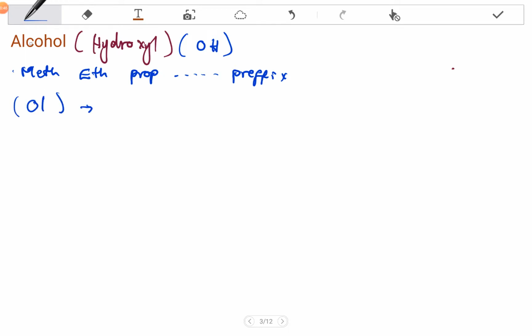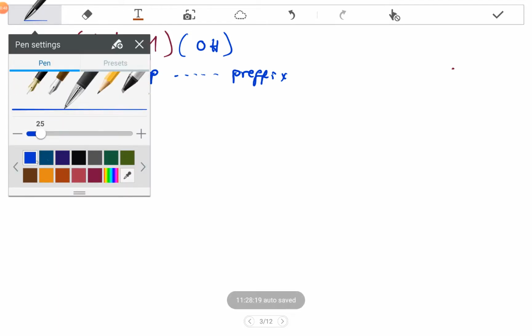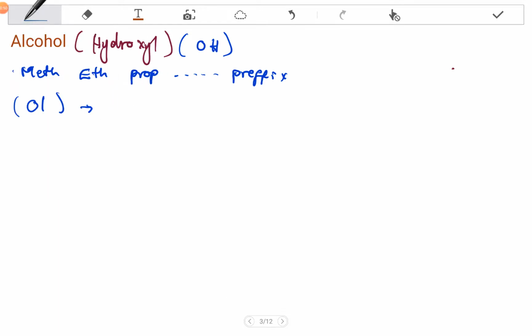This is going to be our suffix. So each and every compound that belongs to alcohol is going to end with "ol", and the functional group structure is going to be OH. It's always like that.